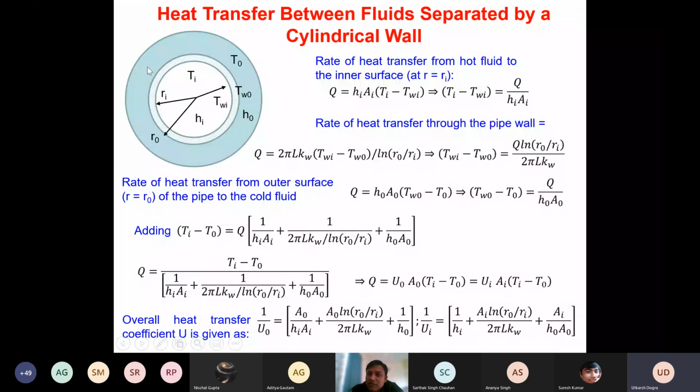Ri is the inside radius of the inner pipe, and R naught is the outer radius of this inner pipe. Do you all able to see what I'm trying to say here? Is the problem clear to everyone? Is the system clear to everyone?